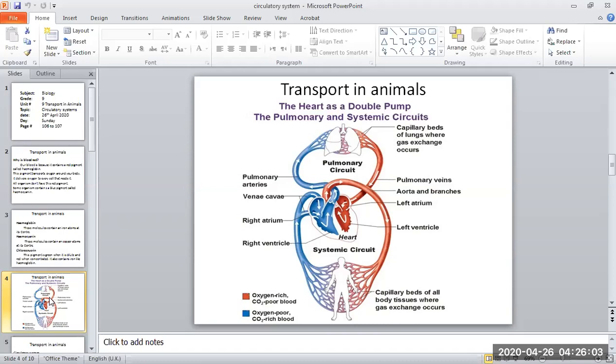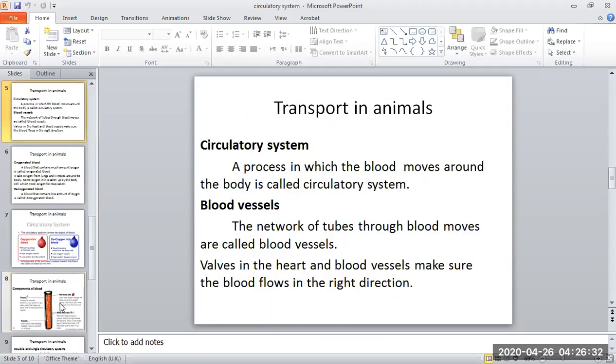Again I repeat, the red part of this picture is rich with oxygen but poor with carbon dioxide. And the blue part in our circulatory system shows poor oxygen but rich carbon dioxide. And this carbon dioxide and oxygen exchange in the lungs.